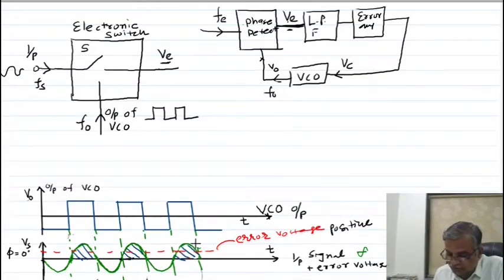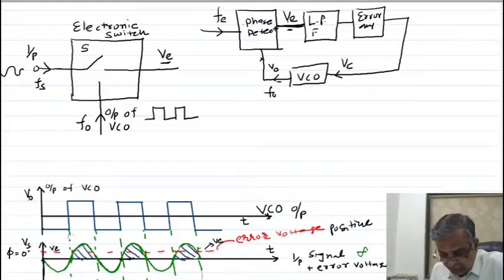I think you understand: when the phase difference between FS and FO is 0, the error voltage produced at the output of the phase detector is positive.